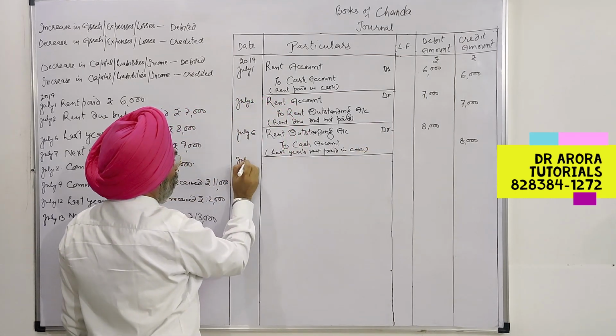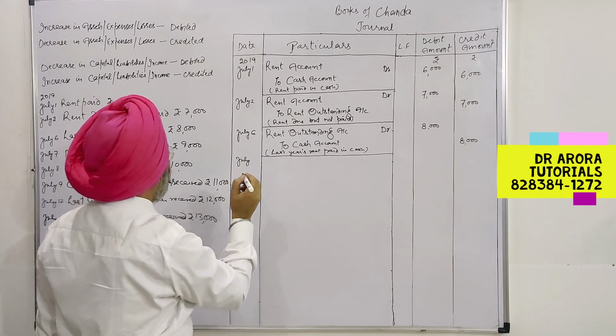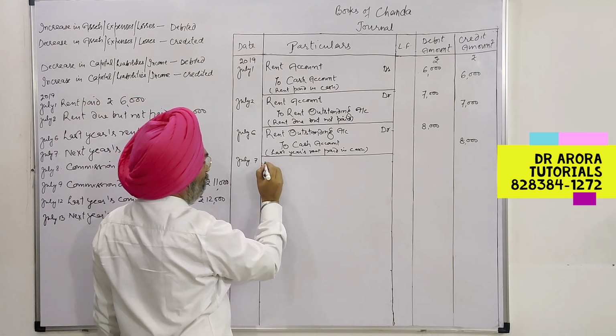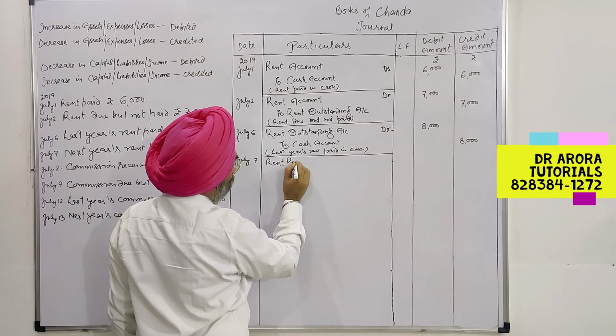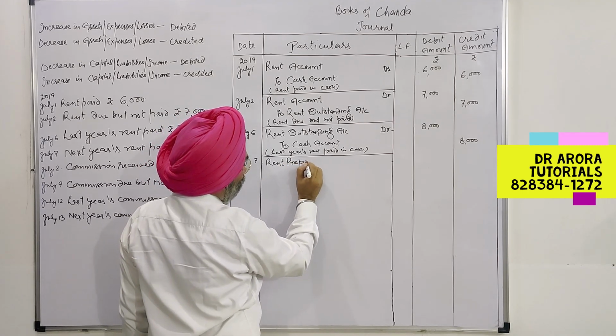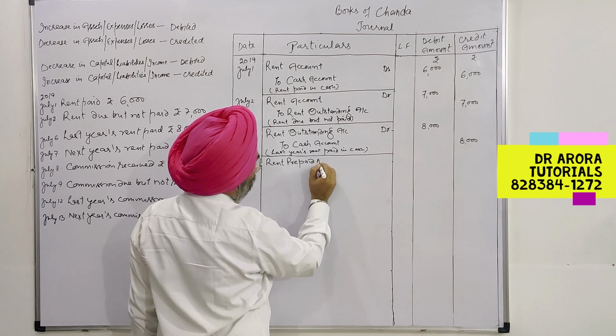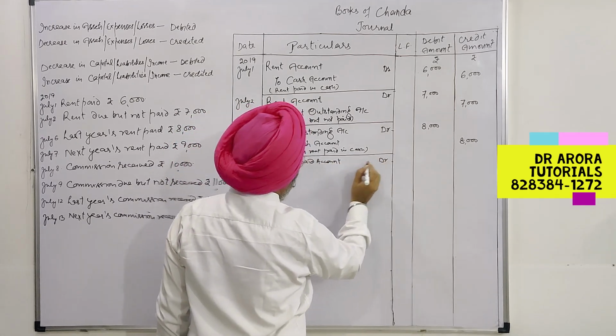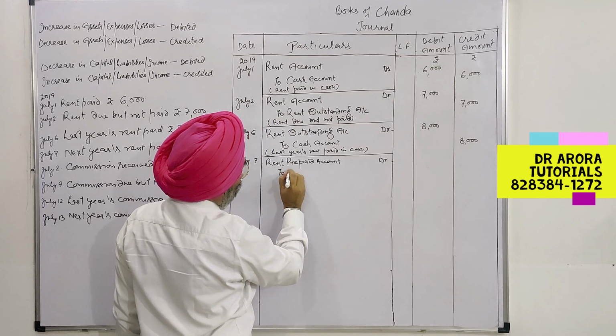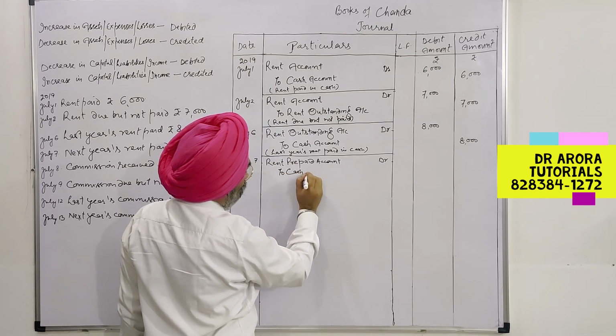And if we pay next year the rent, this is a rent prepaid account or paid in advance account to cash account.